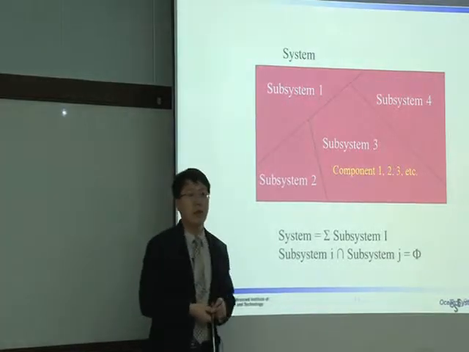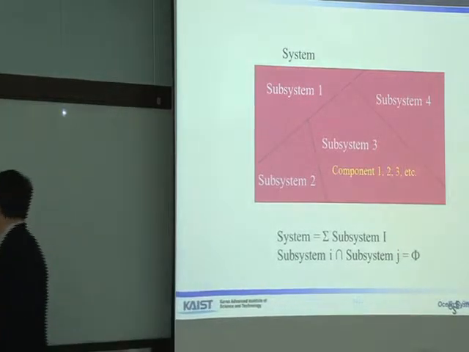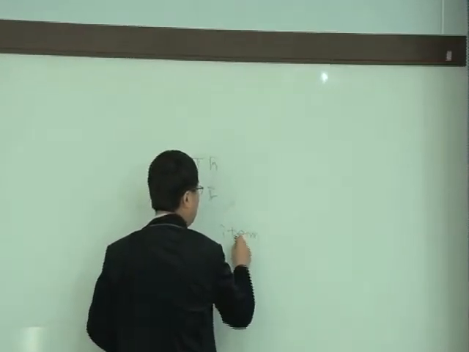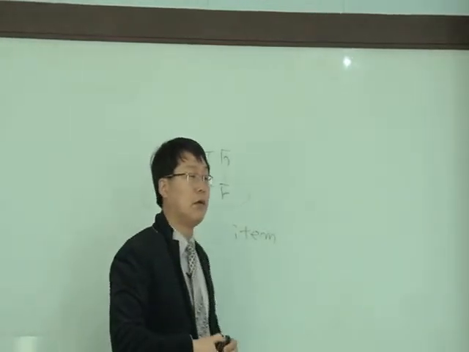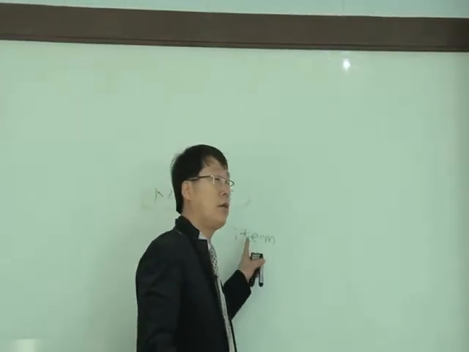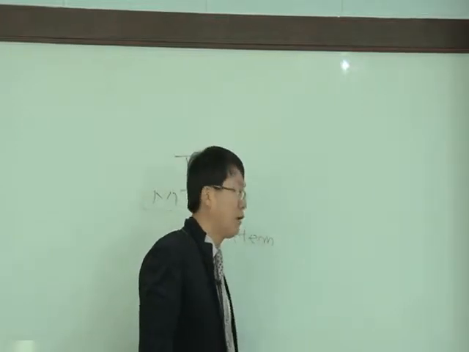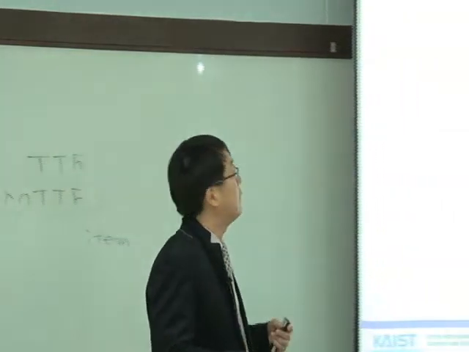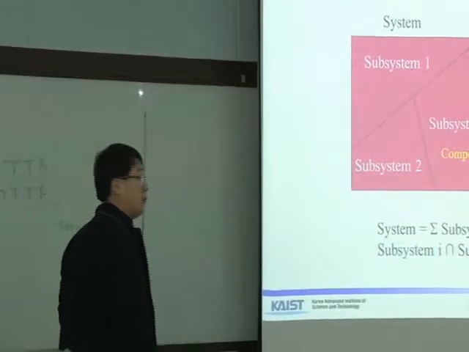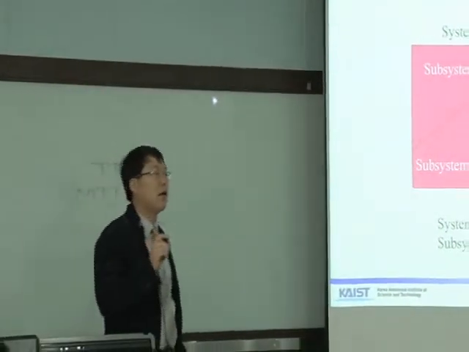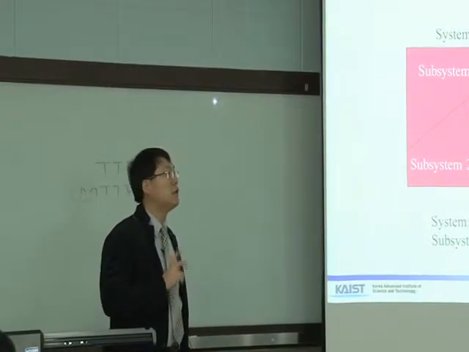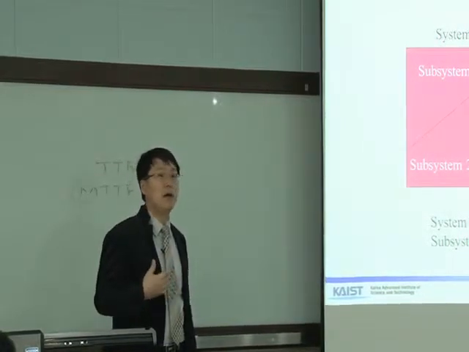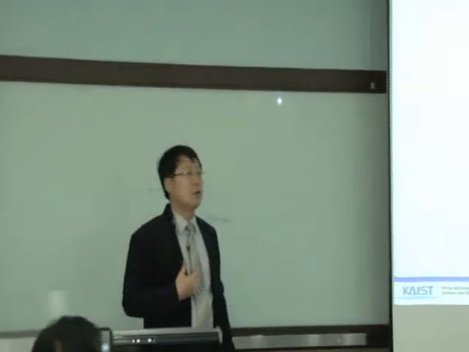So we have system, subsystem, and the component of a subsystem is called component. But in system reliability engineering, we usually use this term, item. In Korean pronunciation, item. Okay? So system and item are a kind of official term. Subsystem is a term for convenience.